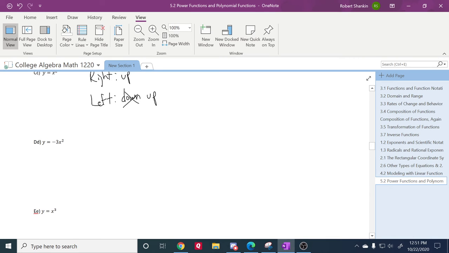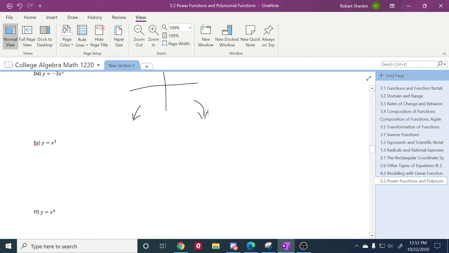If we had negative 3x squared, the end behavior would be, what? This is a downward parabola. So we could just say on both left and right side it's going down. And so now I've done a bunch of these, so let me have you do these last two.